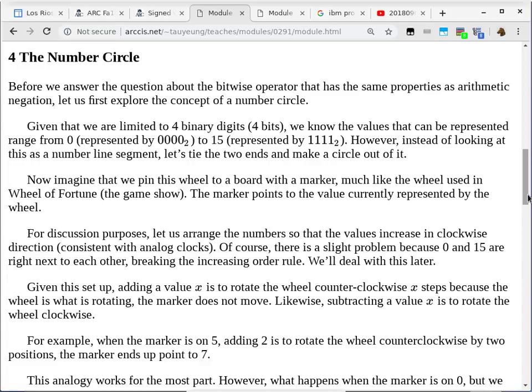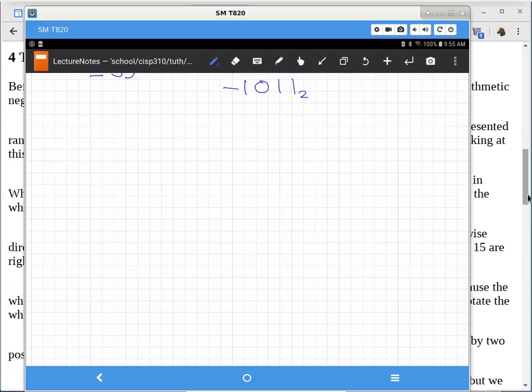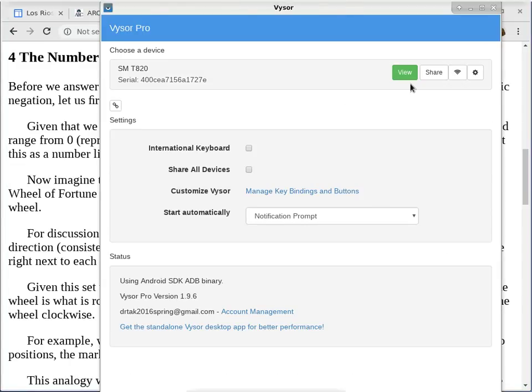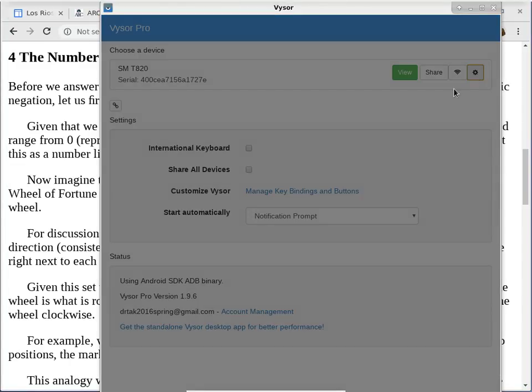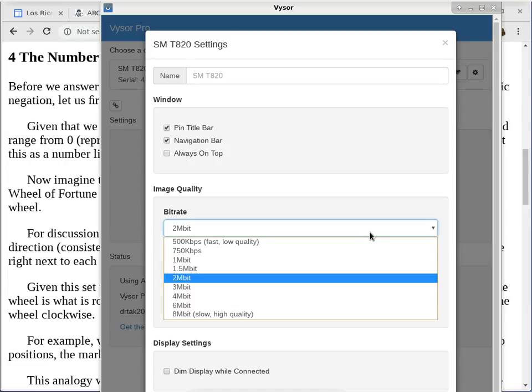using the tablet, even though it's kind of laggy. We can still do it. Let me do it one more time and change the bit rate to an even slower bit rate and see if that helps. Okay. So we're down to 2 megabits and it's still really slow.